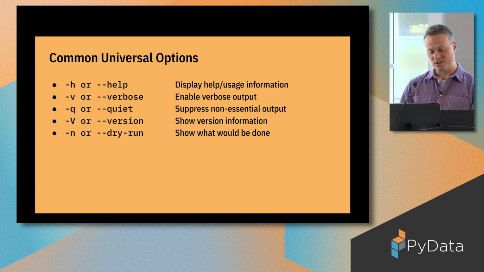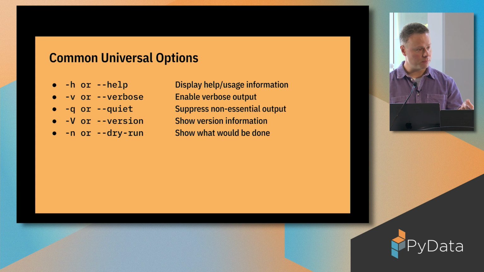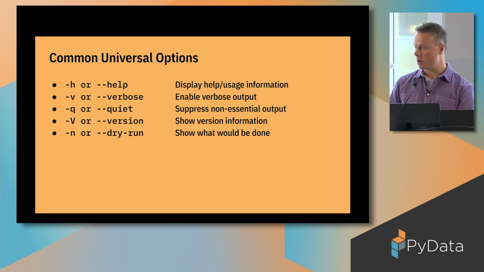But it is generally understood that these short and long options are common conventions. So when it comes to providing help, you would provide both the short option -h or the long option --help.